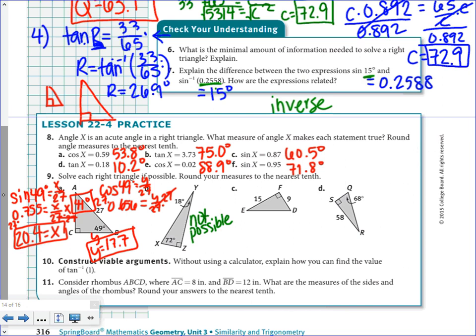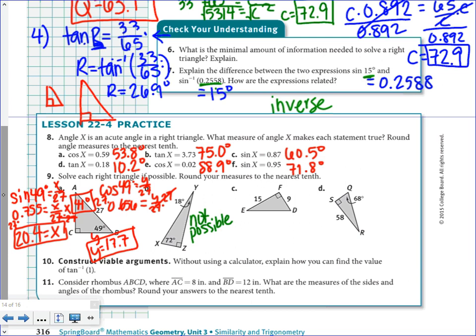Looking at part C, we could do Pythagorean theorem to find c, or to find ED, our side length, because that's our hypotenuse, or you can use trig. But if you're going to use trig, you have to find an angle before you can find your hypotenuse. That's up to you how you want to do this.